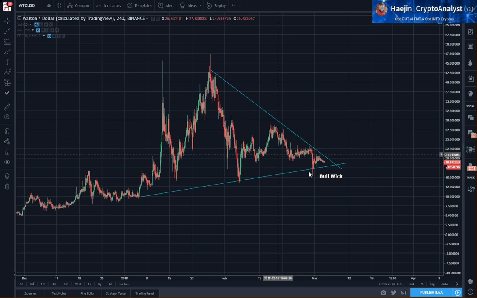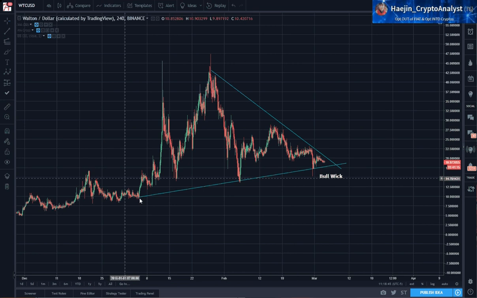What happens is that when price pierces a known support, the weak hands freak out and they panic sell, thinking that this is going to go to zero. So it temporarily pierces the support and comes right back inside.